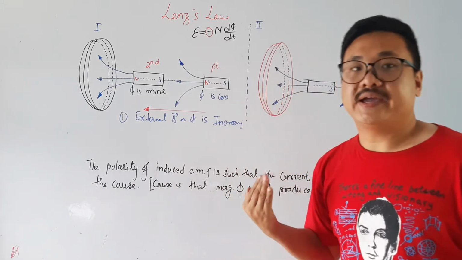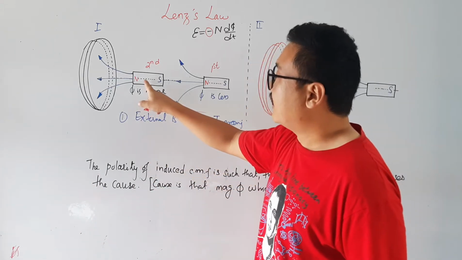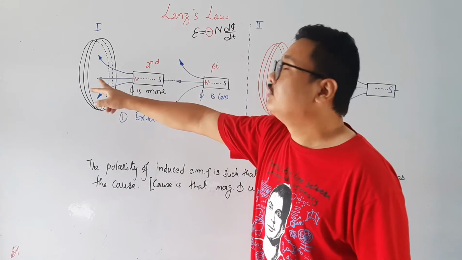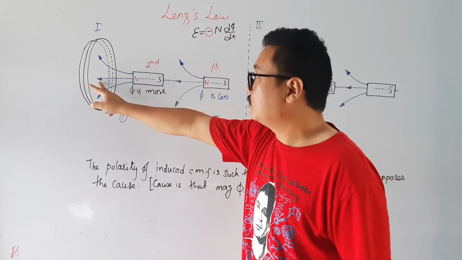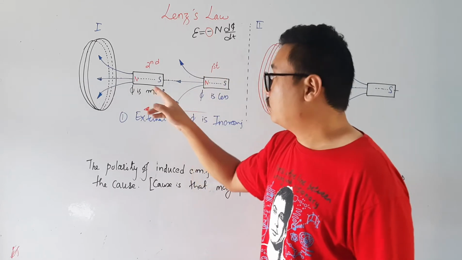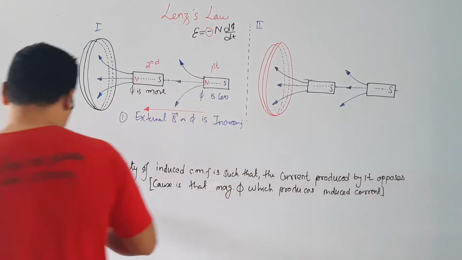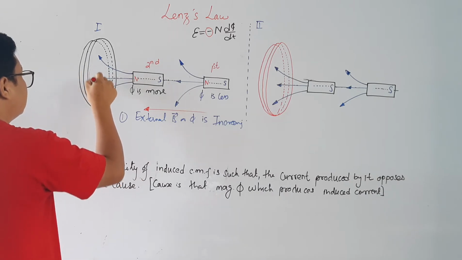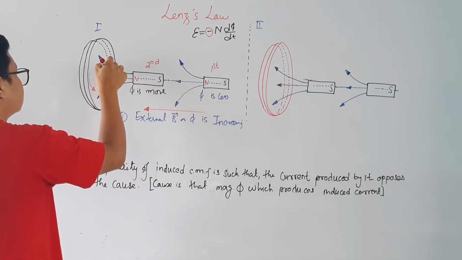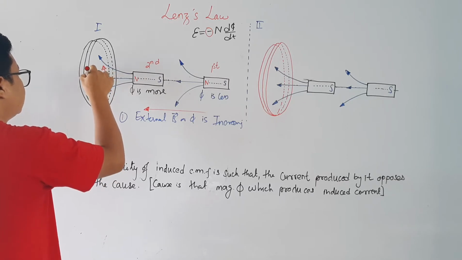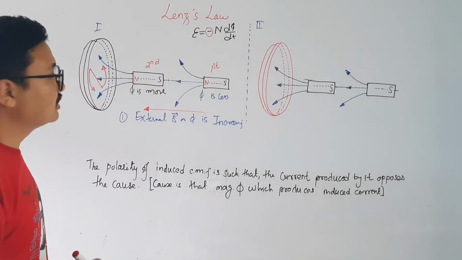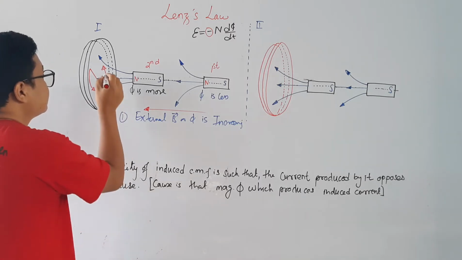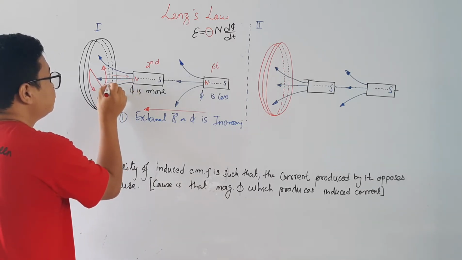It should repel. Now to repel this bar magnet, which pole should be here? There should be a north pole, because north pole and north pole will repel. So this is my north pole. This north pole gives this direction of magnetic field.